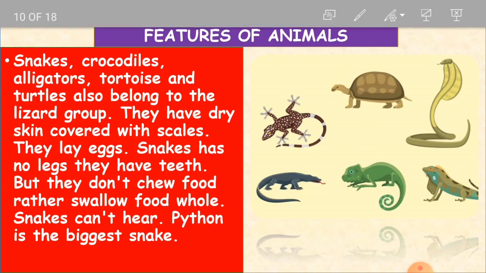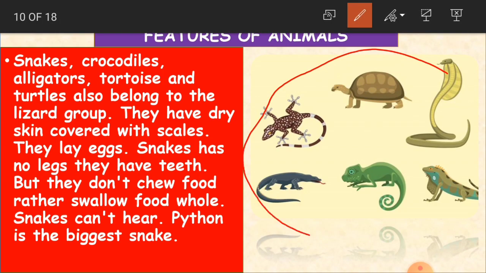Now snakes, crocodiles, alligators, tortoise and turtles also belong to the lizard group. So all these animals which you are able to see in the picture here, all belong to the lizard group. Okay, but they look different from each other. They have dry skin covered with scales. If you see children, the skin is dry, it is not wet.